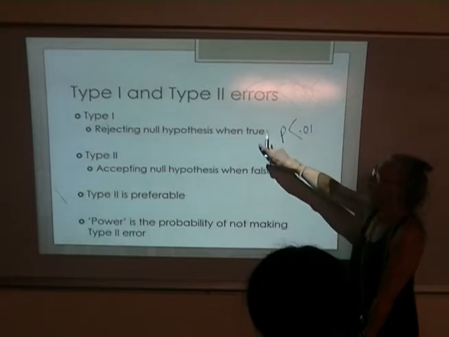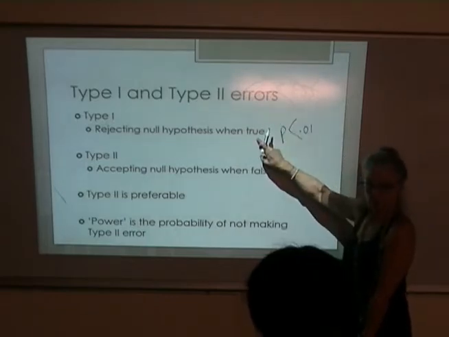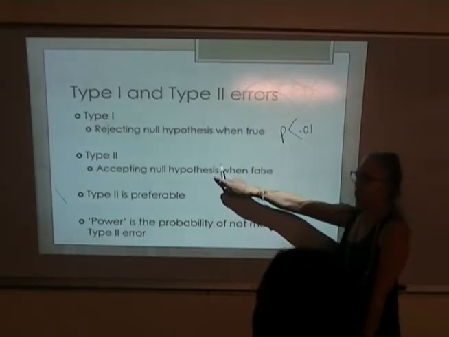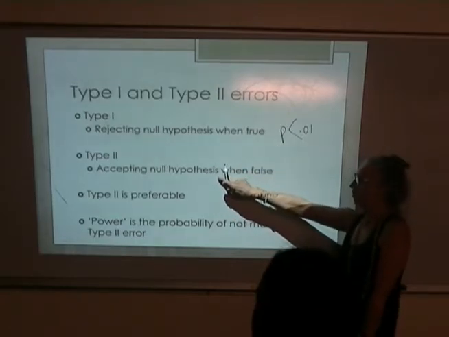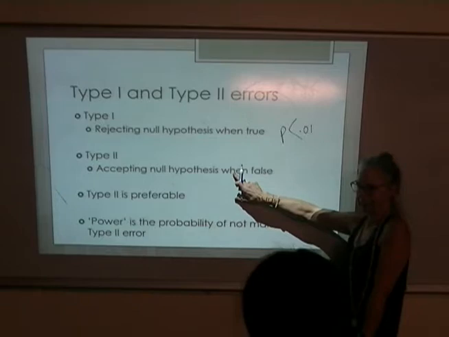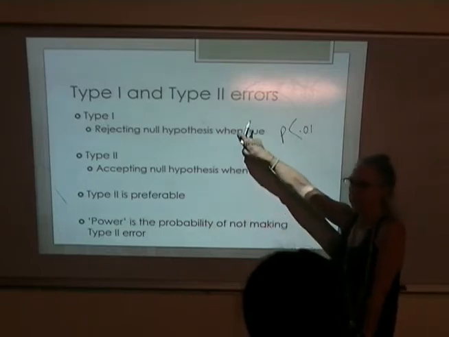Or I didn't find a significant difference, and I should have. Here, I accept the null hypothesis for a type 2 error when actually it's wrong. That's not so bad, because I'm less likely to kill someone with a type 2 error than I am with a type 1 error.